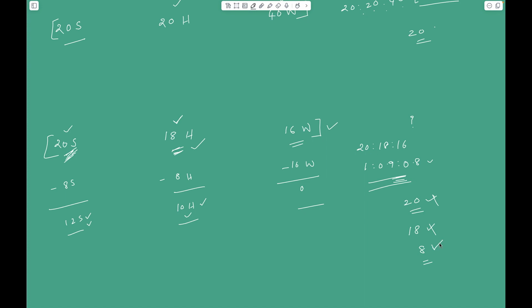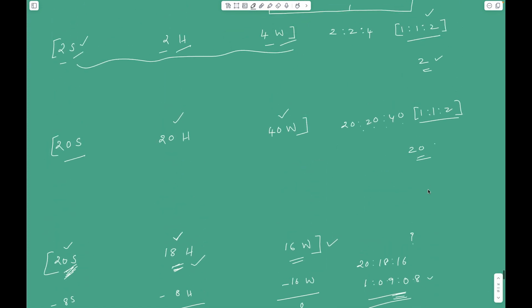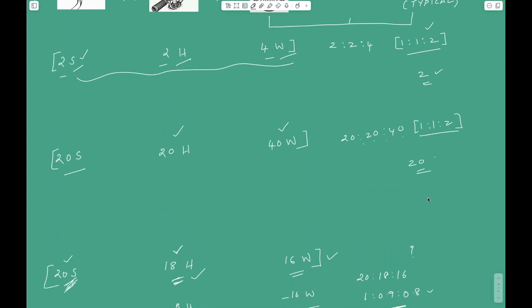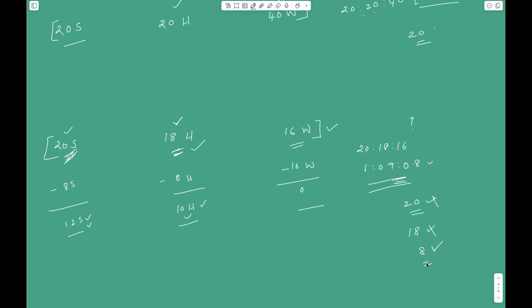So what we understood here is, if the quantities of these components are not in the correct proportion, then the output of our assembly line, that is the number of bicycles that we could assemble, is determined by that component that is most deficient.